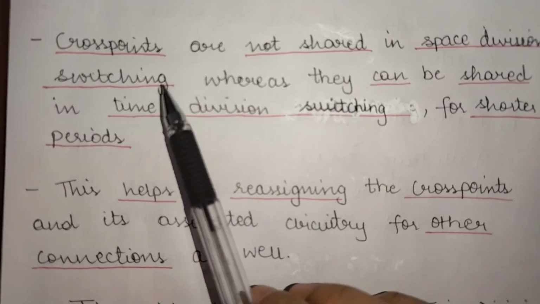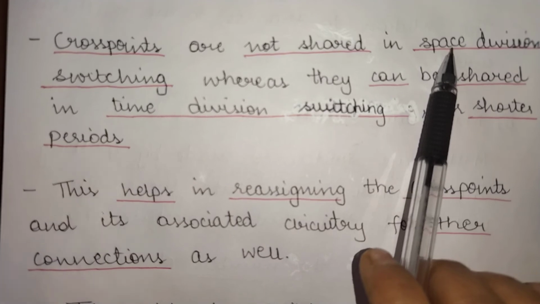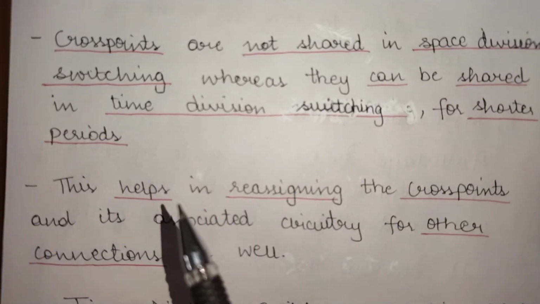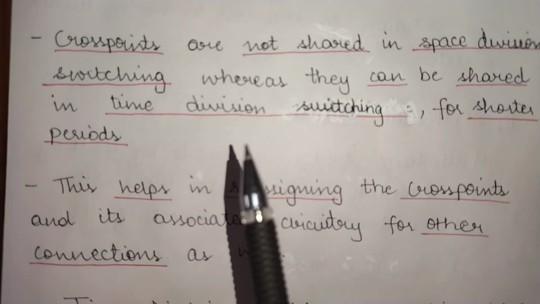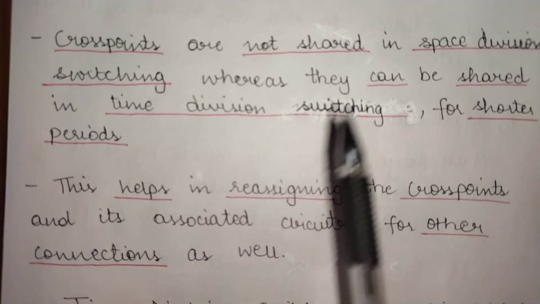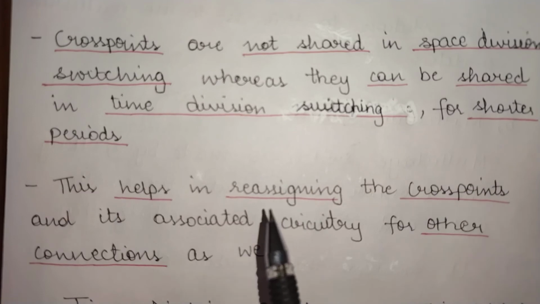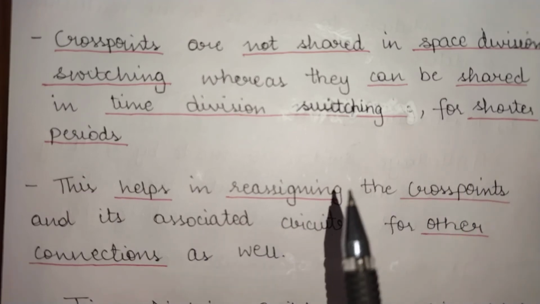So basically cross points are not shared in space division switching because the input signals and output signals are using the cross points at the same time. Hence, we cannot share the cross points in space division switching, whereas they can be shared in time division switching because we are using the same cross points at different time slots.